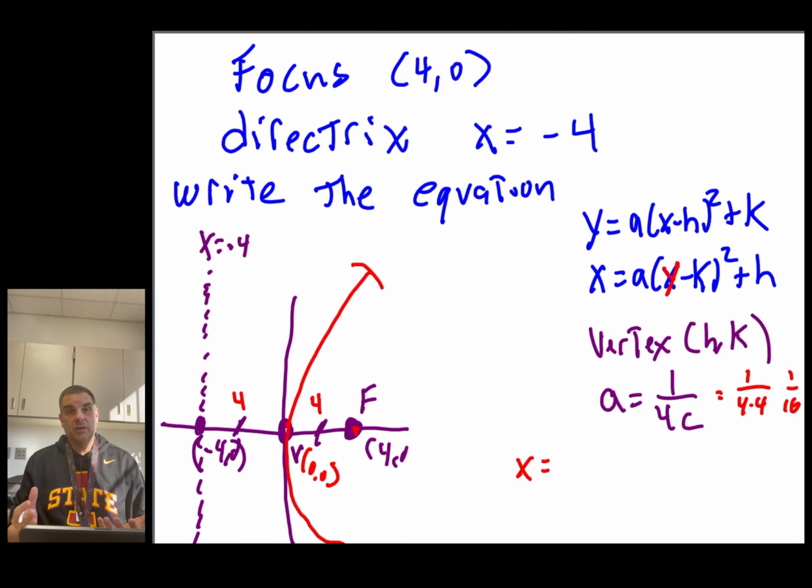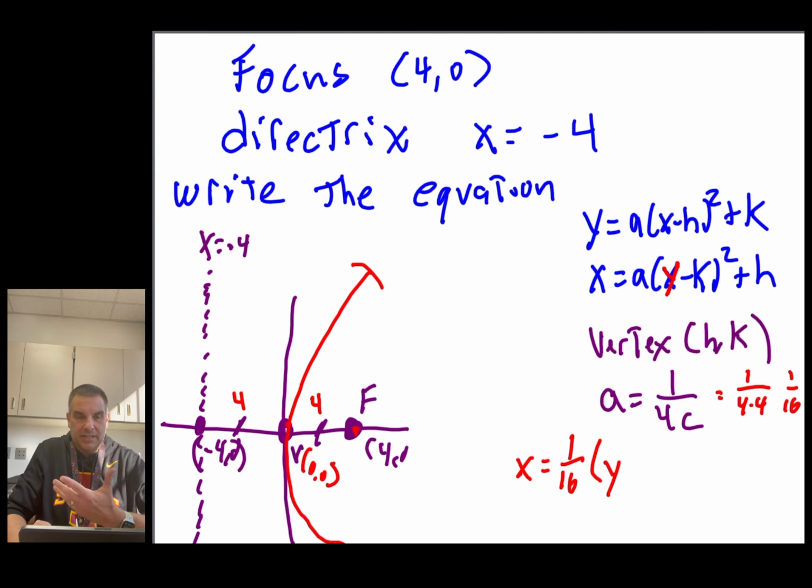So if I write the equation now, my A value is 1 over 16 times y minus my K value, which is 0, squared plus my H value, which is 0, so that's just plus 0.